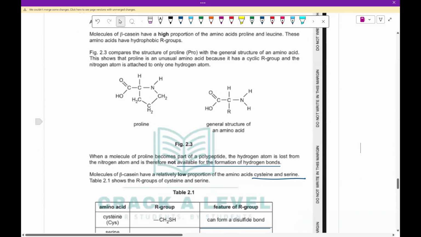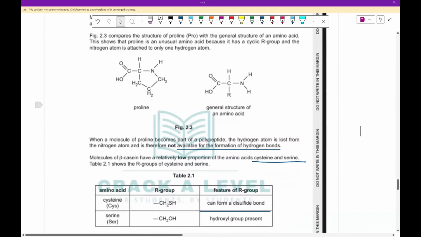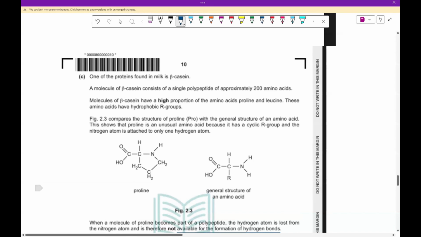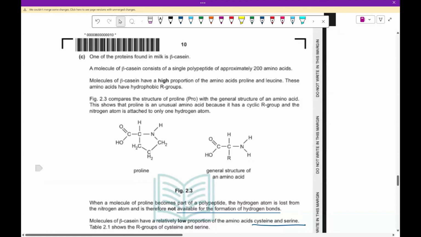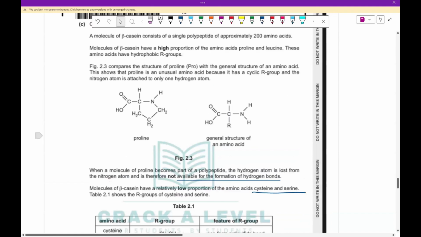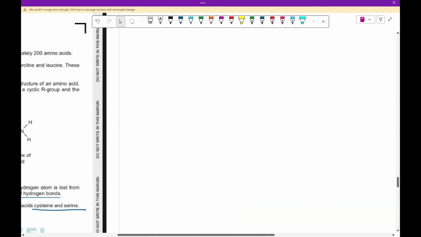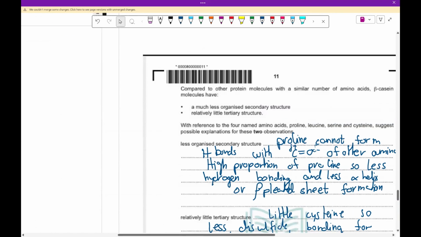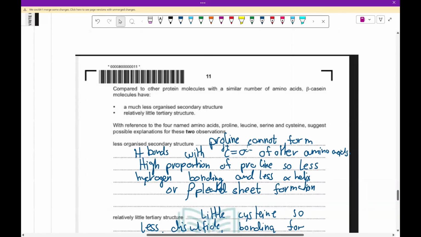But it should be a valid point. Yeah, these amino acids have hydrophobic R groups. So since proline and leucine have hydrophobic R groups, yeah, we can write it.